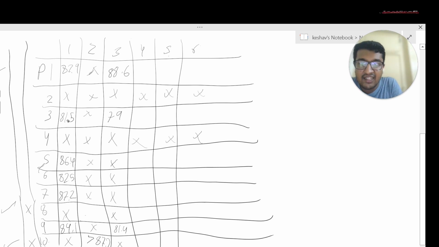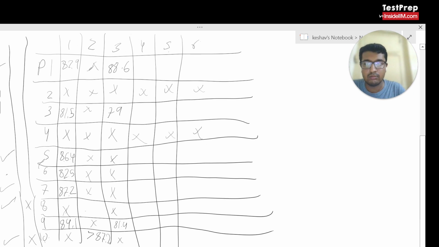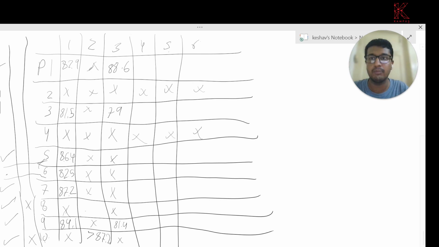Player 3 had a higher score of 81.5, player 5 86.4, 82.5, 87.2 and 84.1. So player 5 and player 7 must have been there, and the last is player 9. So these were the players who went on to the second phase of the competition.